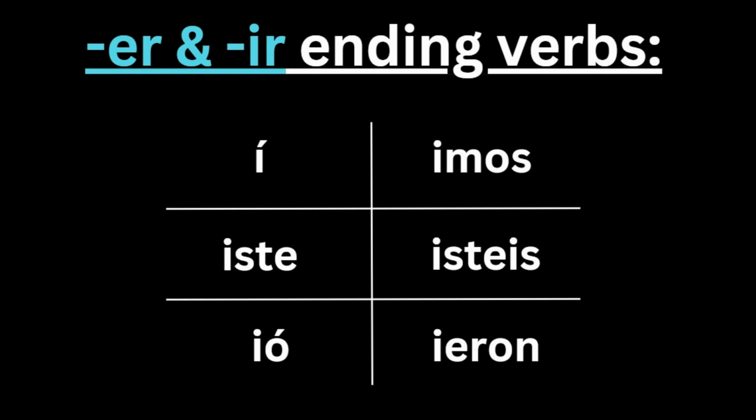For tú, you drop the ending and add the ending iste. For él or usted, you drop the ending and add the ending ió with an emphasis on the o. For nosotros, you drop the ending and add the ending imos, which is actually the same ending as the ending of verbs ending in IR in the present tense. And once again, you can only tell the difference between them in context. And finally, for vosotros, you get isteis, and for ellos, you get ieron.